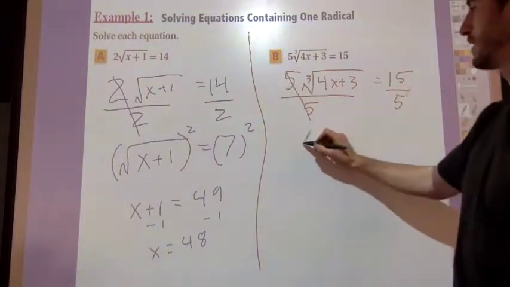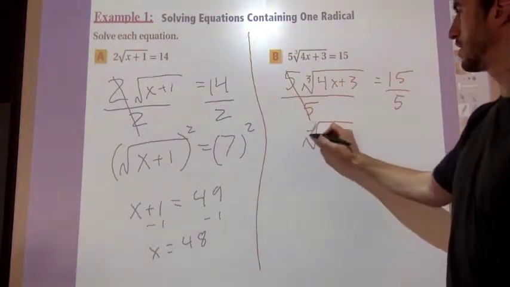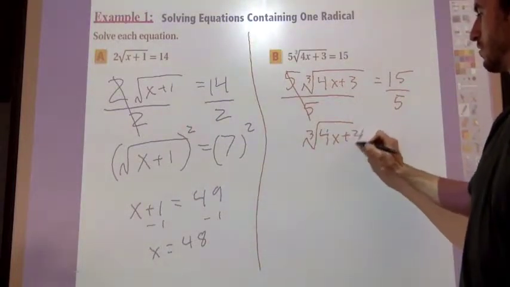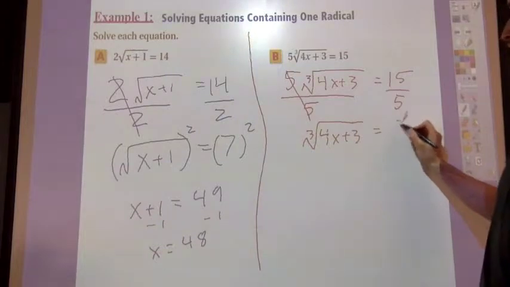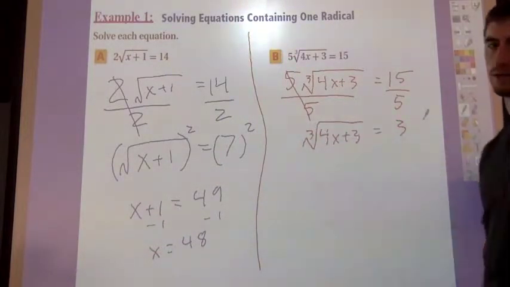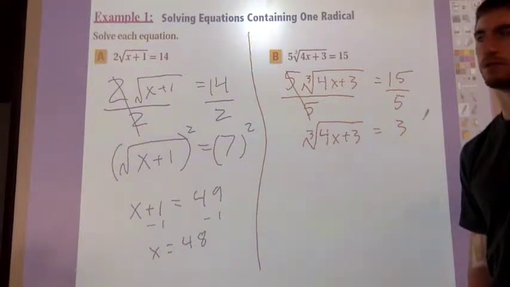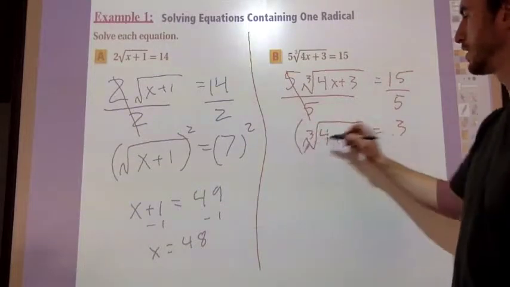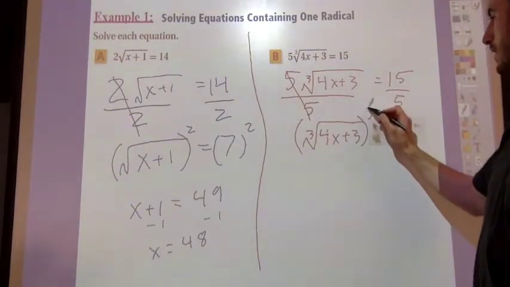That makes this a 3, so now I've got the cube root of 4x plus 3 equals 3. And now to get rid of this radical, I want to raise both sides to the power of 3. So I'm going to cube both sides.